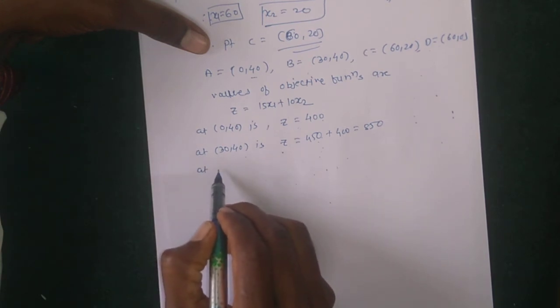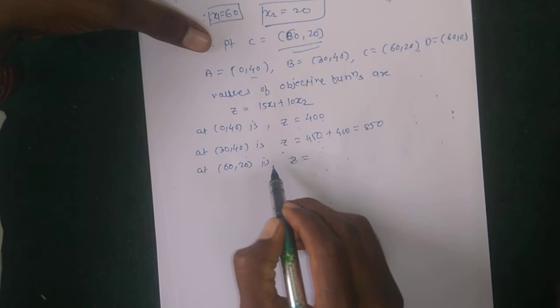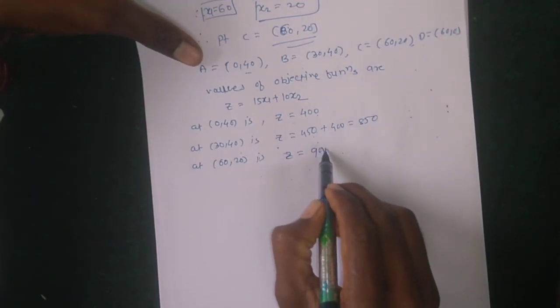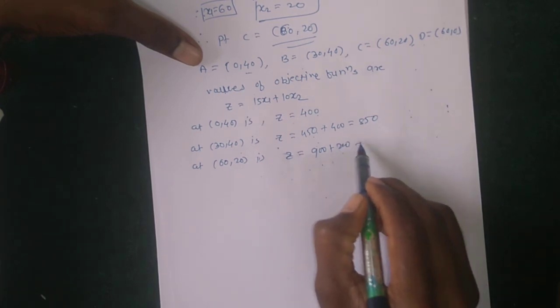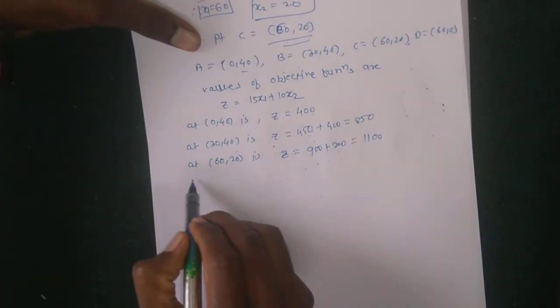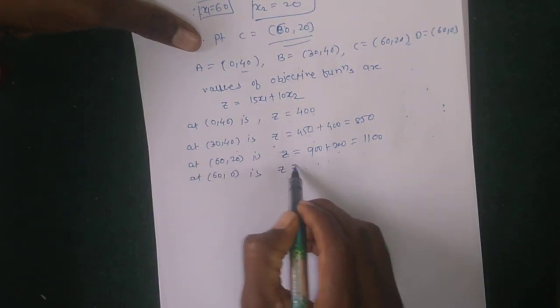Then at (60, 20), the value of Z is 900 plus 200, which is 1100. Then at (60, 0), the value is 900.